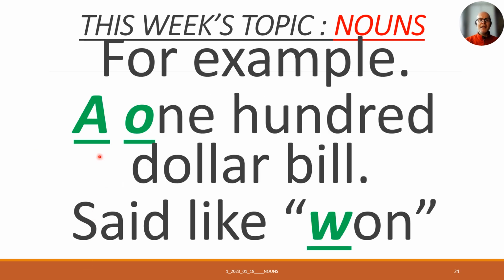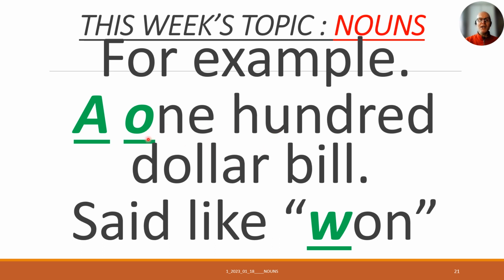Another example, when you say a $100 bill, you say one in 100 like it starts with a consonant, like a W, one, a $100 bill.